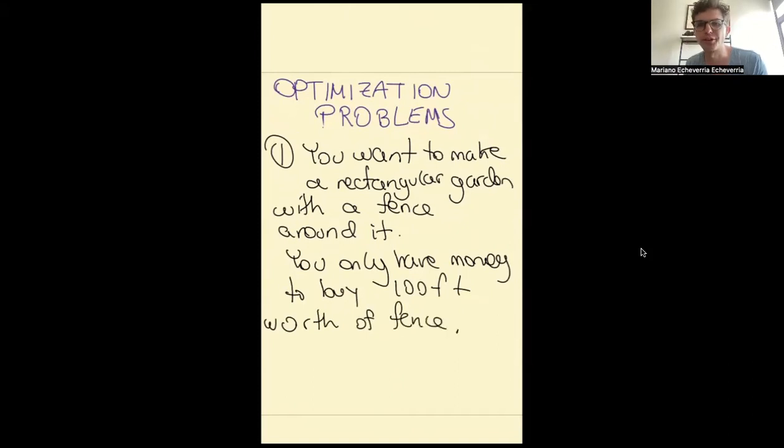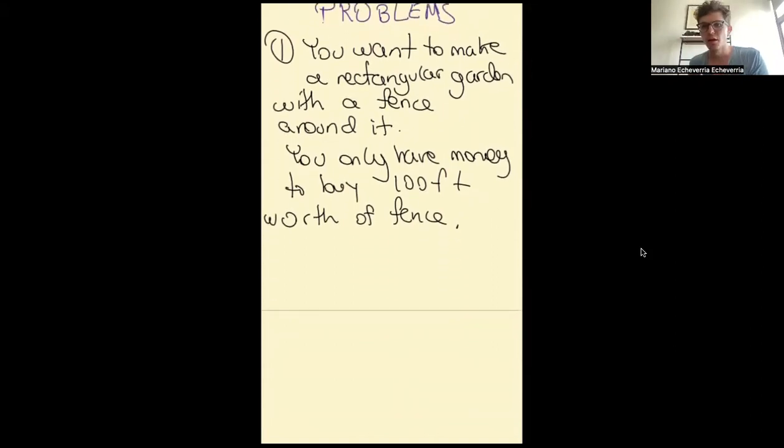This may not be too much, but it's just a number that's good to work with. Okay, so here are some possibilities for this garden. Let's say this side is going to be 5 feet.